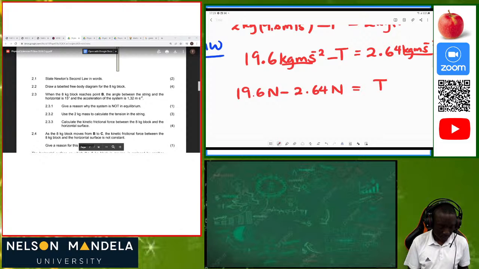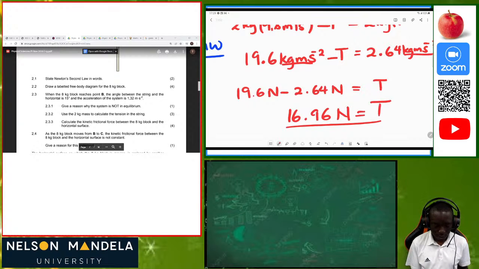So that's 19.6 minus 2.64. This gives us 16.96 newtons. So the tension in this system is 16.96 newtons.